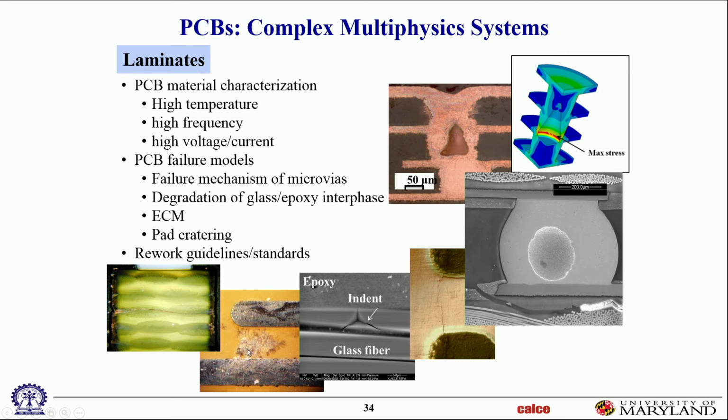The common term for dendrite growth is ECM, electrochemical migration. There are two kinds of electrochemical migration: one is dendrites, and the other is conductive anodic filament formation. Dendrites grow from cathode to anode, while conductive anodic filament formation grows from anode to cathode. You're looking at a cross-section of a printed wiring board.